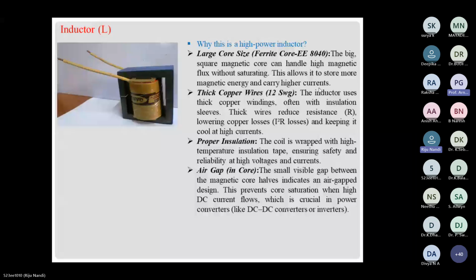Sir, should the air gap be very large or very small? It depends on your inductor value. When you want the inductor value to be large, you put some paper and increase the air gap between the cores.